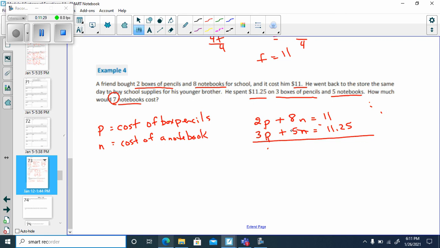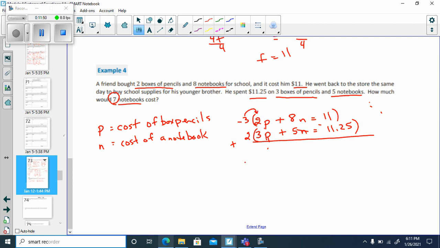Okay, so think about this, guys. What if I multiply everything here by -3, so I get a -6, and I multiply everything here by 2, so I get a +6. Remember, I'm adding these.